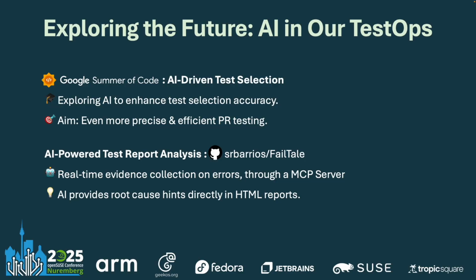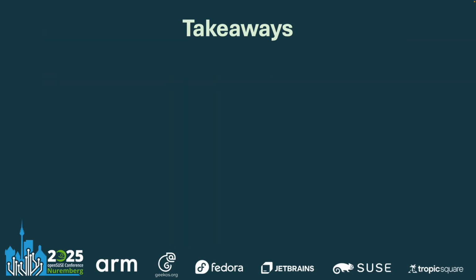These are early days for using AI in our testing, but it's an area where we are very interested in and experimenting with to push the limits of what's possible in automated quality checks.